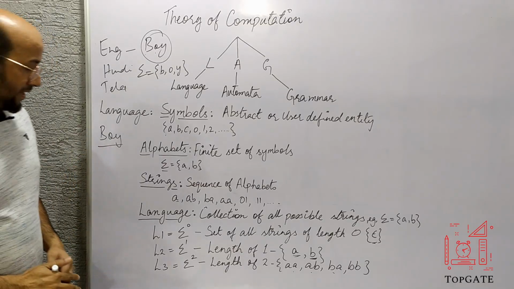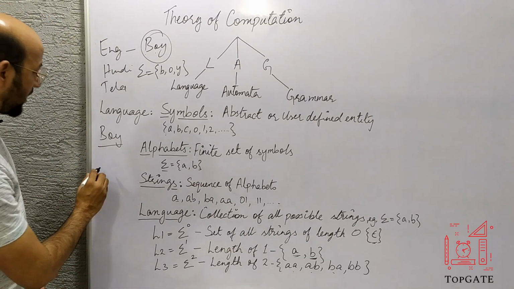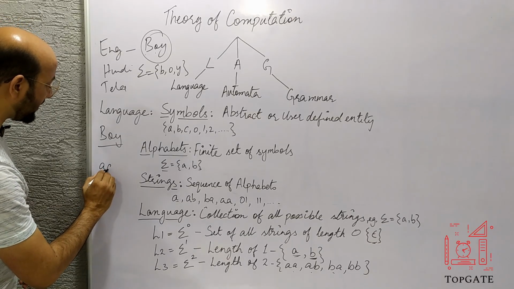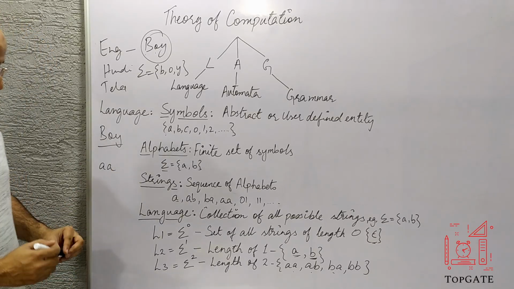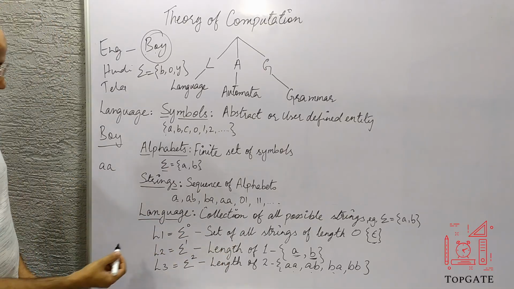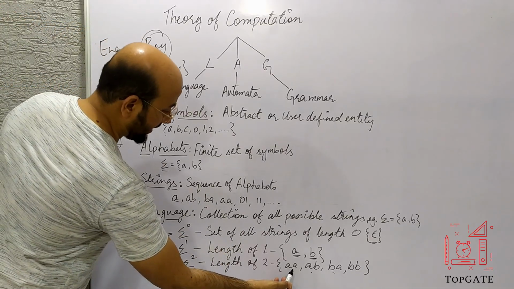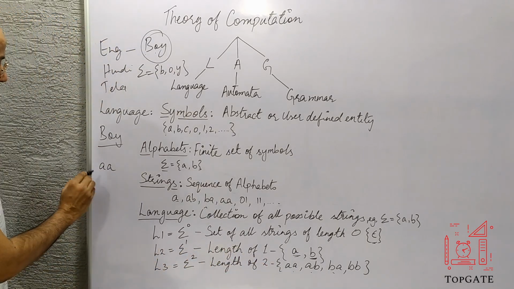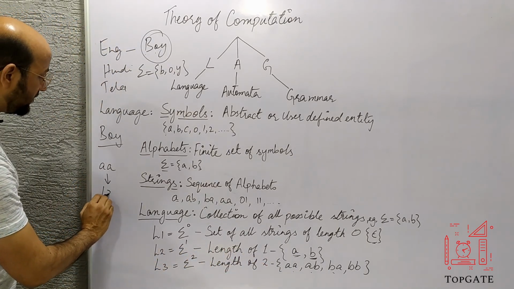Similarly, suppose I give you the word AA, and I ask you which language this AA belongs to. You will simply see that AA is here, so you will tell me AA belongs to L3.